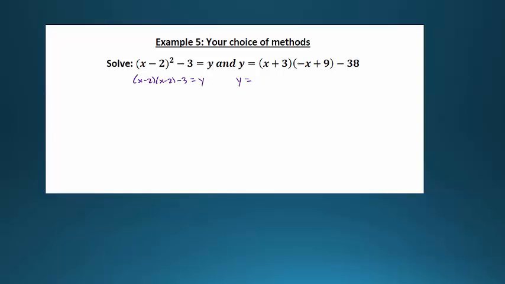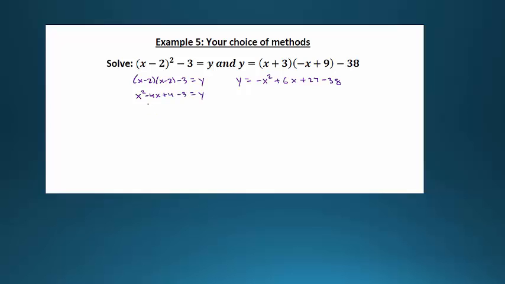And then I'd also FOIL this one out, so I can get my negative x squared. I would get negative 3x and positive 9x, so that makes positive 6x and 27. FOIL this one out, we get x squared minus 4x plus 4.